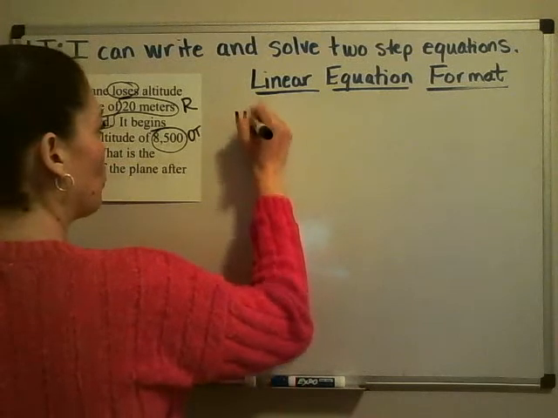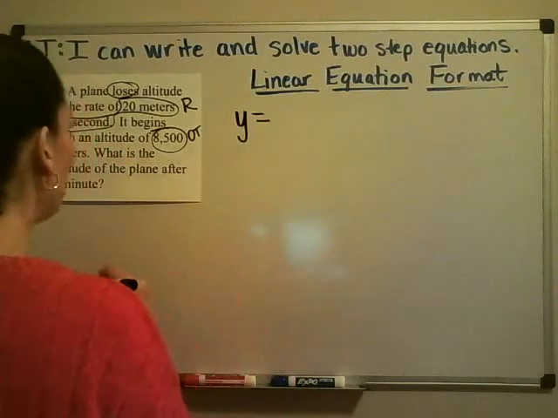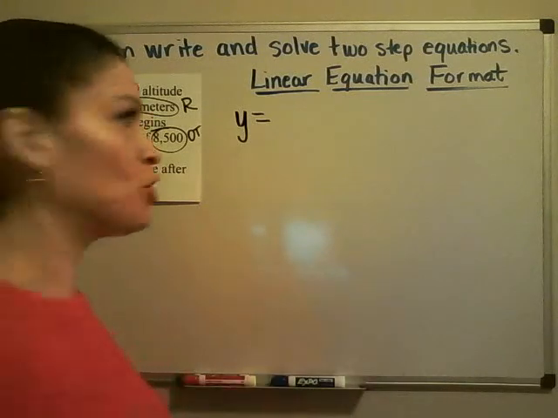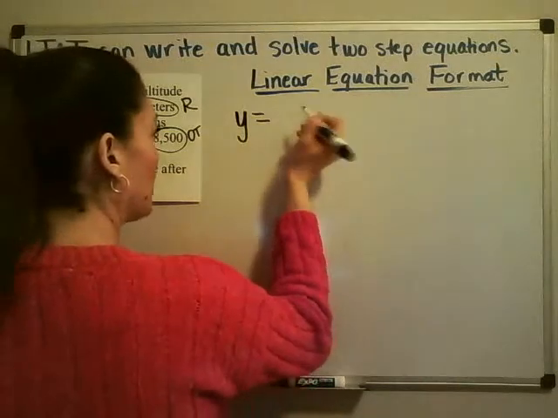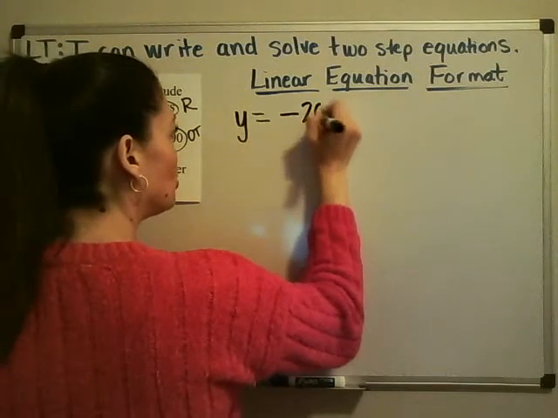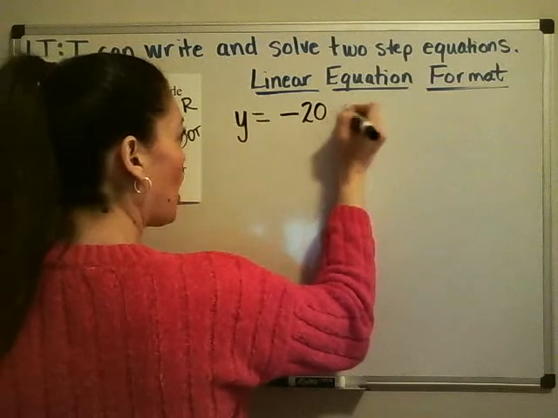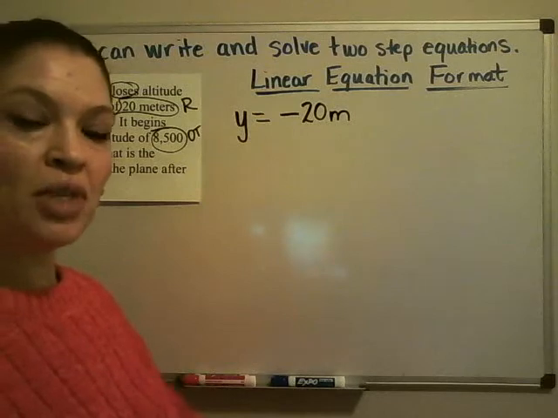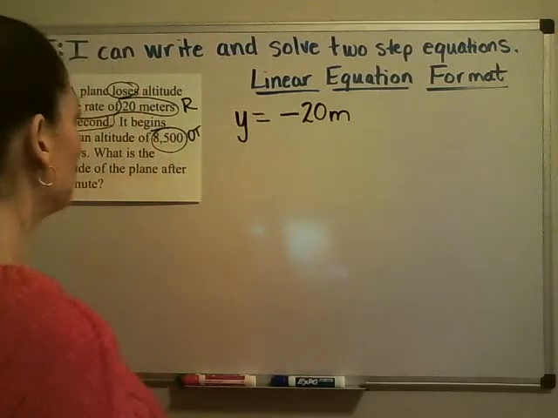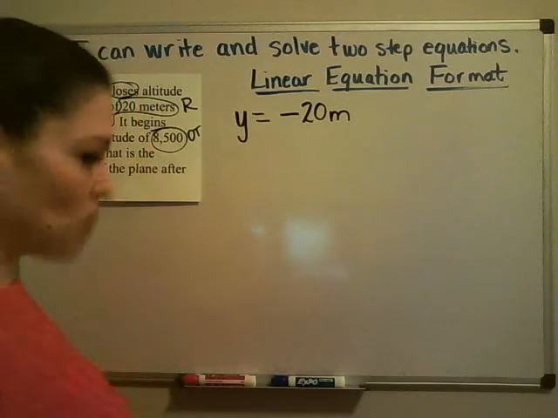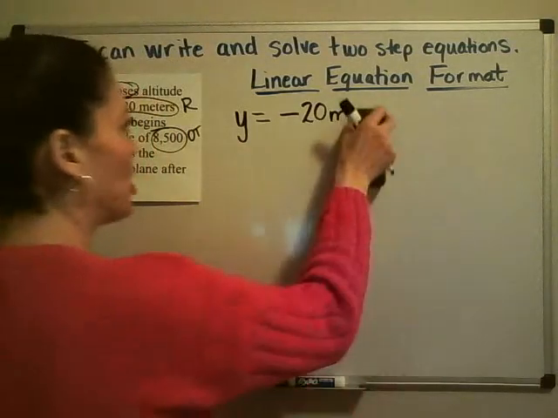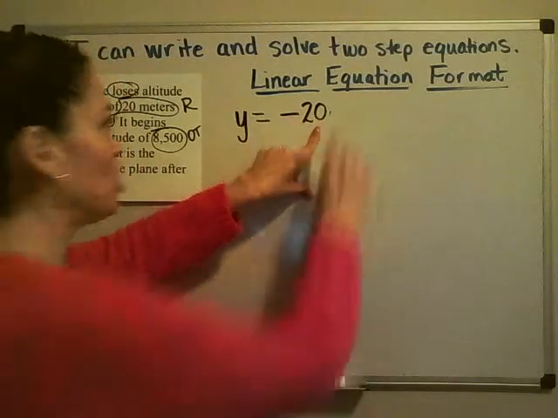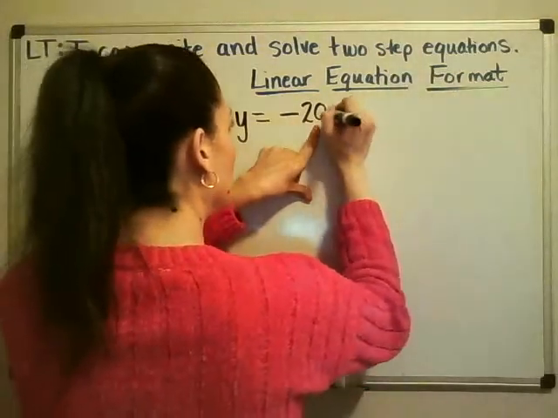All right, so maybe we can go ahead and just start setting up. I'm going to say y equals, and my repeating value is that it loses 20 meters per second. So because it's losing 20 meters per second, I'm going to say negative 20 times m for meters, okay? Or actually, I think I'm going to change it. I like S better because it's going to lose 20 meters for every second.